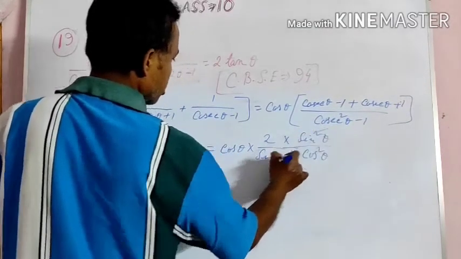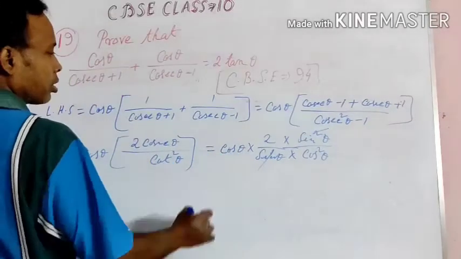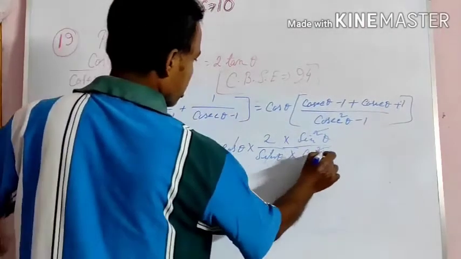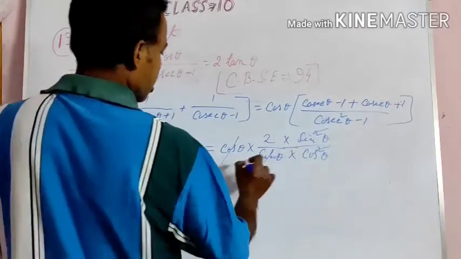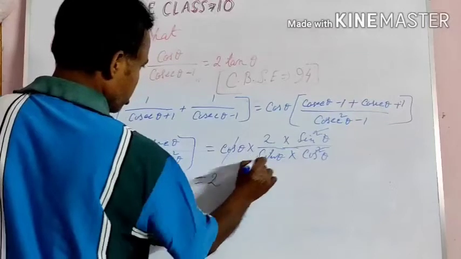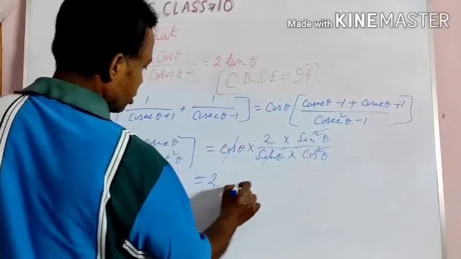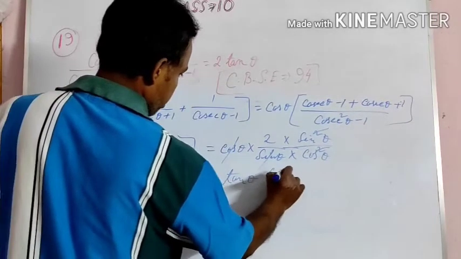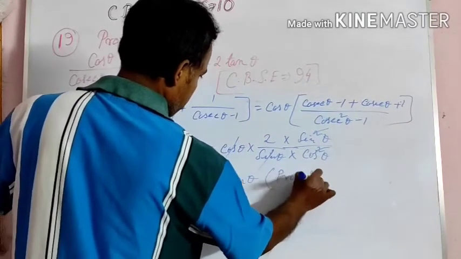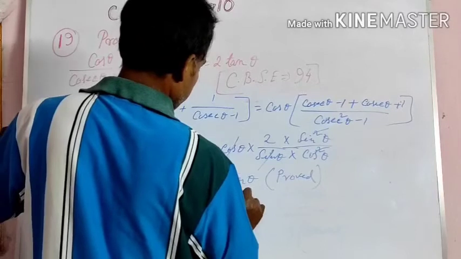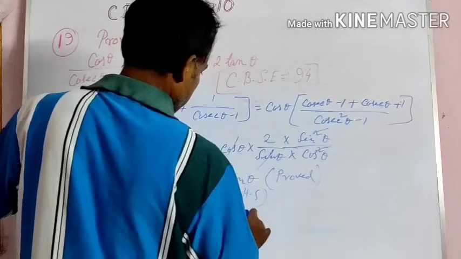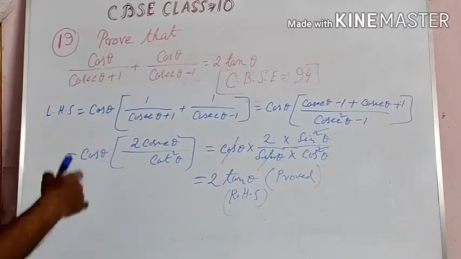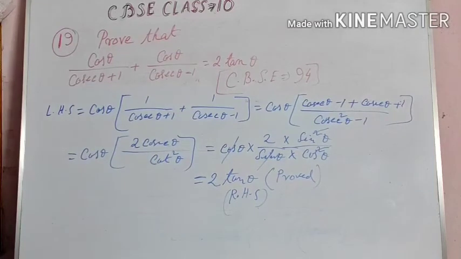Here sin square cancels out, cos square cancels out, is equal to twice sin theta by cos theta, is equal to 2 tan theta. Right hand side, so right hand side is 2 tan theta.